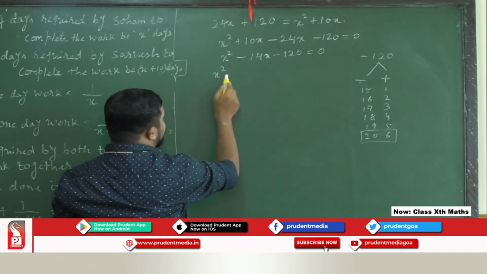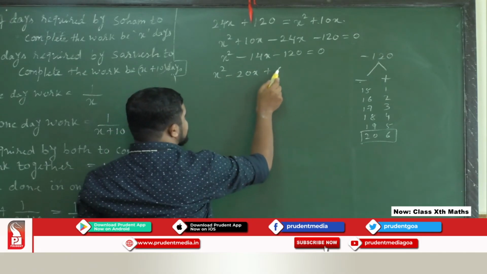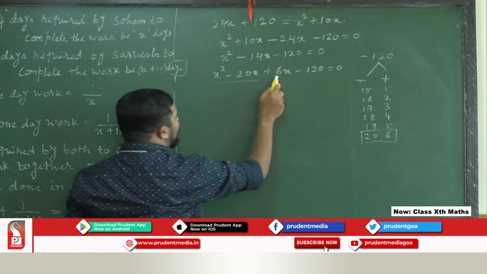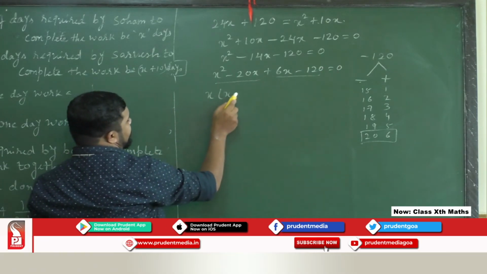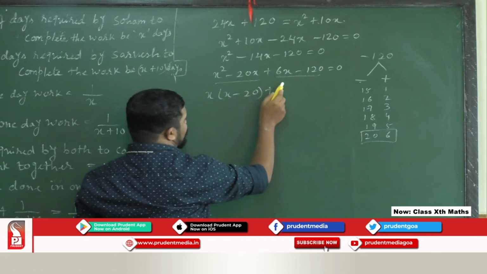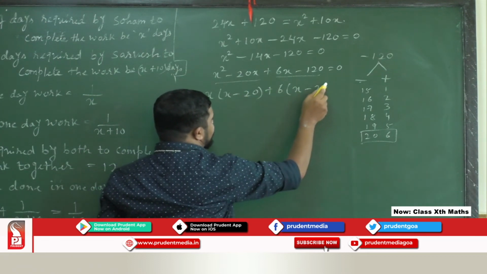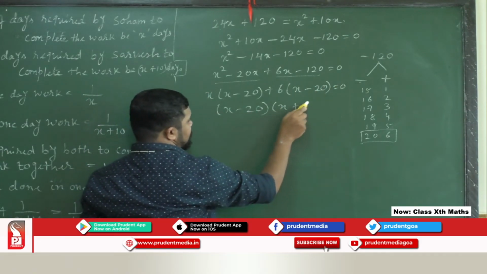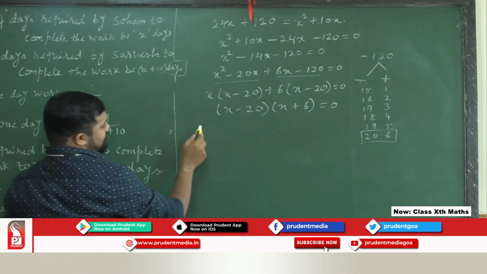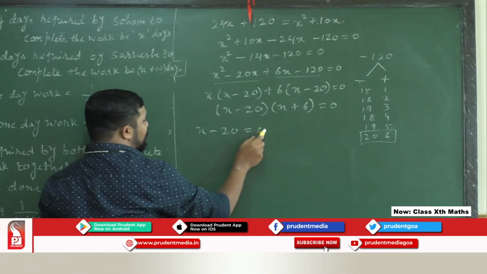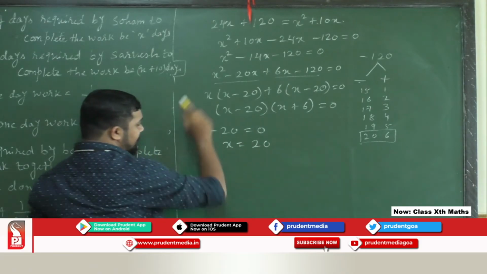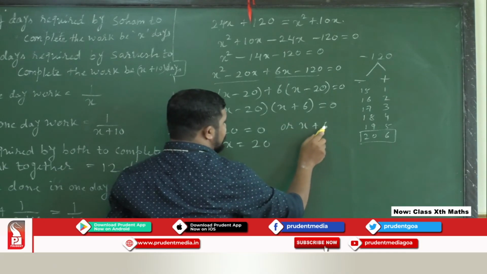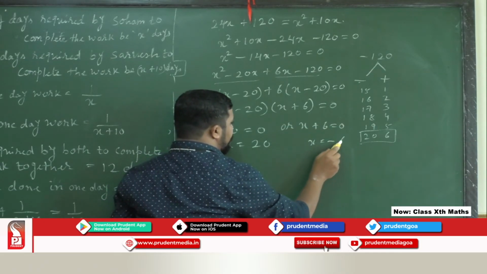So x square minus 20x plus 6x minus 120 equal to 0. Find out the common. X minus 20, 6 common, x minus 20. So these are your two factors. So x minus 20 equal to 0, x is equal to, take the 20 on the other side, plus 20, or x plus 6 equal to 0, x equal to minus 6.